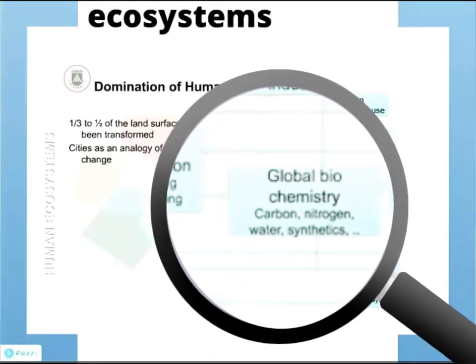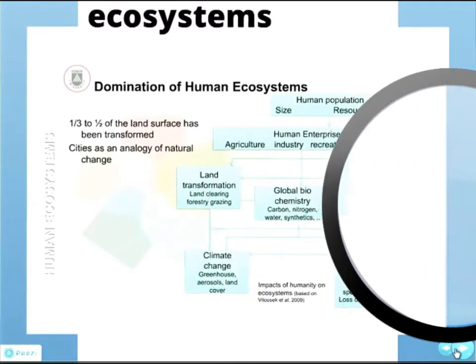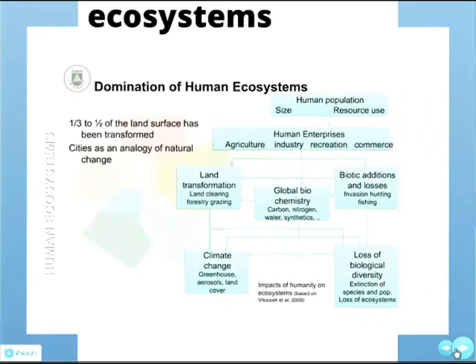The second one is through global biochemistry, because we are changing how the cycles of nutrients work in nature. The obvious one, of course, for you is the CO2 increase, but also, more importantly for me, is nitrogen fixation. Because of nitrogen fixation, you will see some graphs later on this.